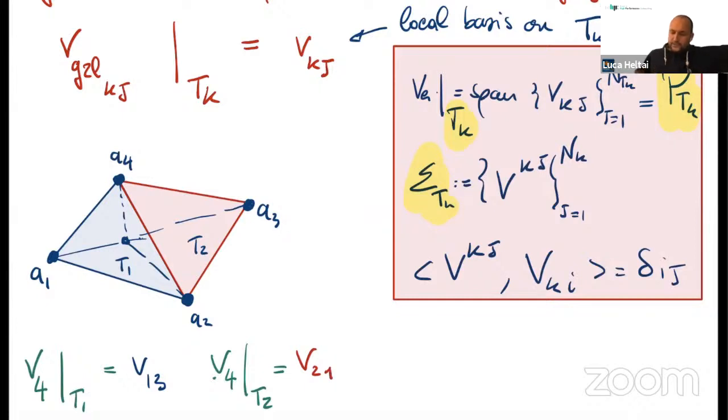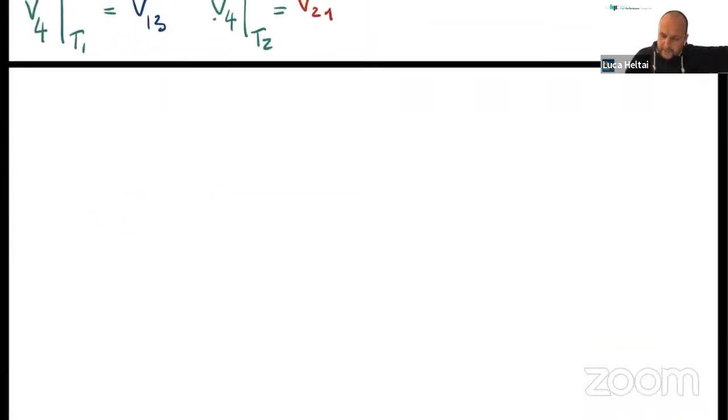This takes a little bit to digest. And now we are in the position to try to construct this for arbitrary Lagrangian finite element spaces. Okay, so how do we do this for arbitrary spaces?